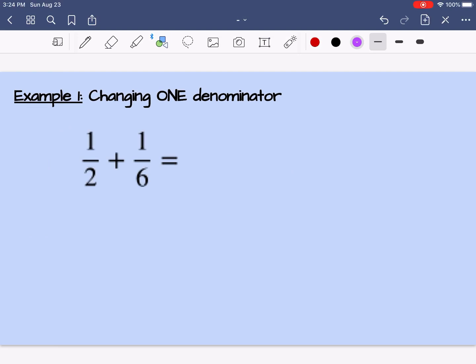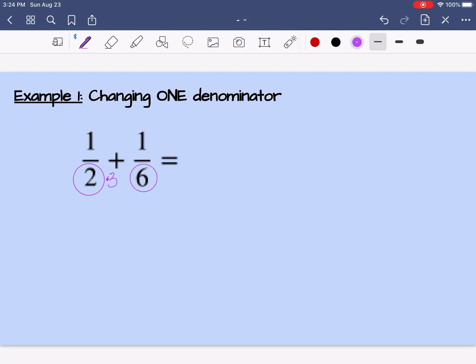All right, so our first example, we are just going to be changing one denominator. As you can see, our denominators are different. We have a 2 and we have a 6. Well, we only need to change one denominator. We can change the 2 to a 6 by multiplying 2 times 3.